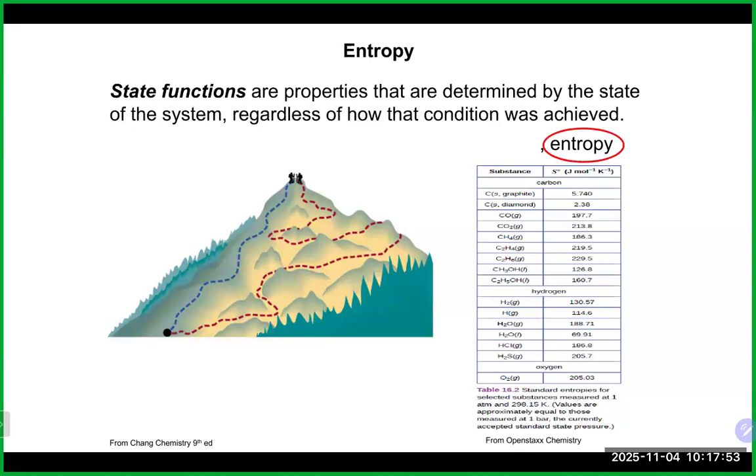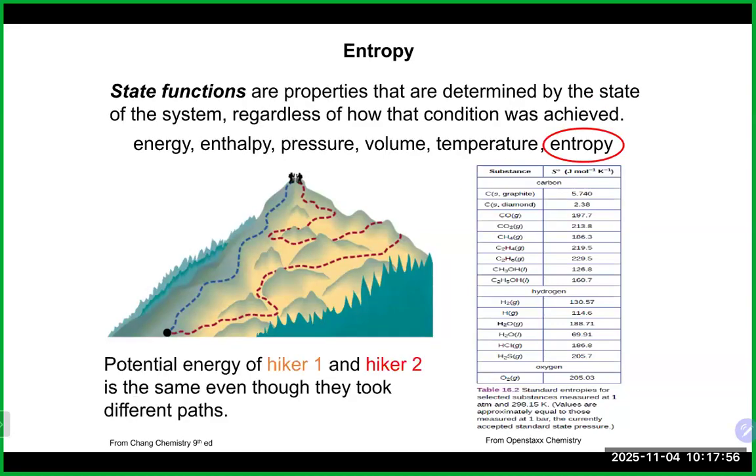All right, so let's talk a little bit more about entropy. As I mentioned before, entropy is a state function. And as you may be familiar, state functions, things like energy, enthalpy, pressure, volume, temperature are state functions. With state functions, there's really only two important things, and that is where you start and where you end.